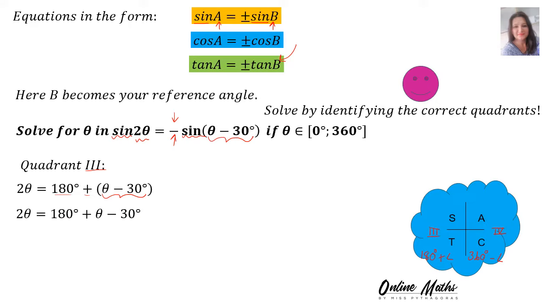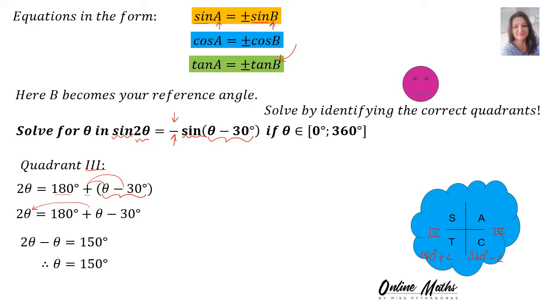Then I multiplied in the positive. So therefore 2 theta is equal to 180 degrees plus theta minus 30. And then in the next step, this theta will walk across and become negative theta, and 180 minus 30 is 150, and then theta is 150 degrees.